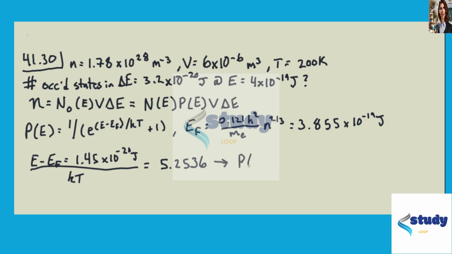So the occupation probability here is going to be 5.2 times 10 to the negative 3rd.